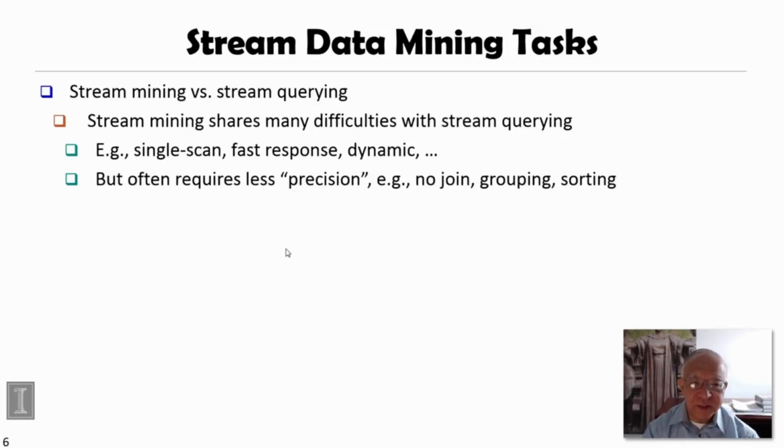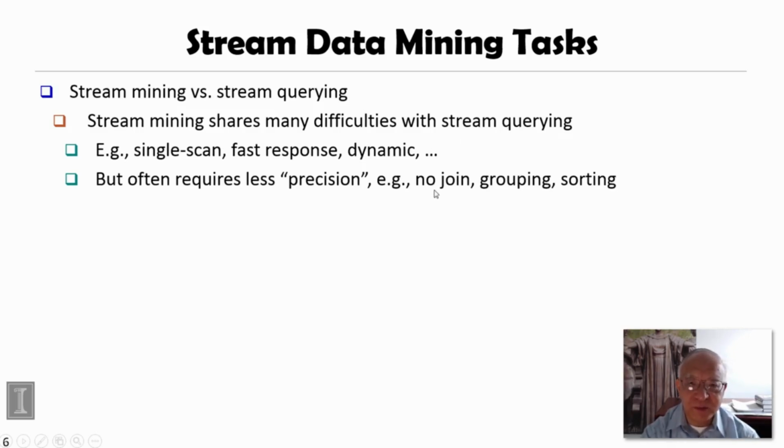The first thing is that stream mining and stream querying share many common difficulties. For example, you can only do a single scan, you need fast response, and you have to handle dynamic noisy data. But for stream mining, usually you want to see the global picture, you want to see patterns, you want to find clusters. It often requires less precision than stream querying, because stream querying wants to pinpoint a particular point.